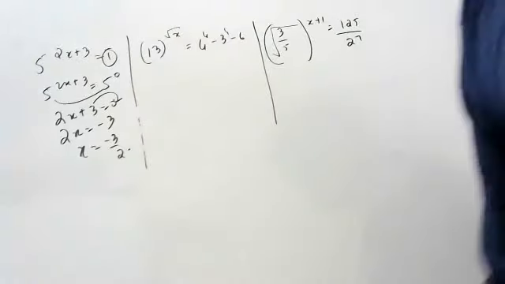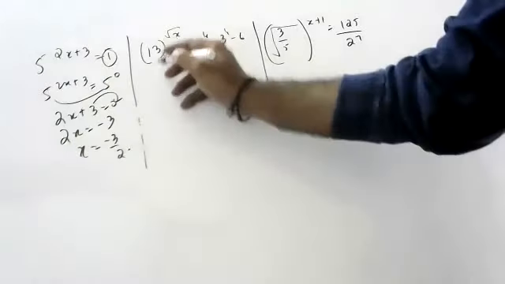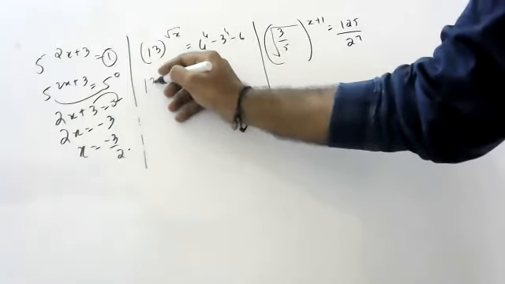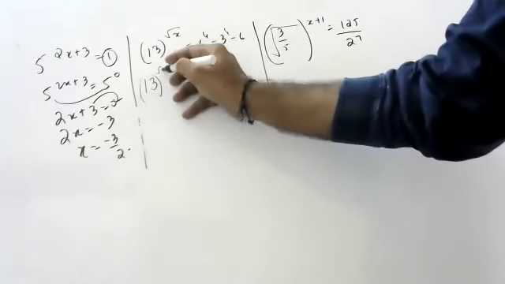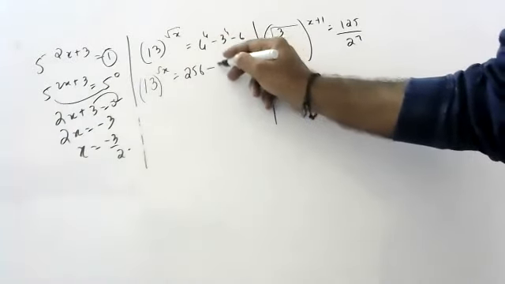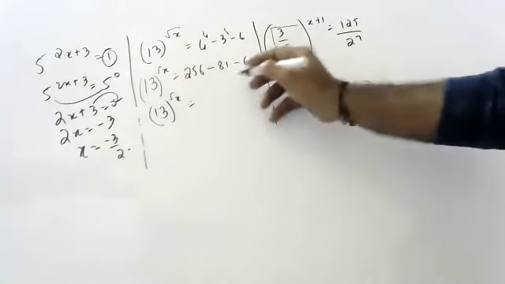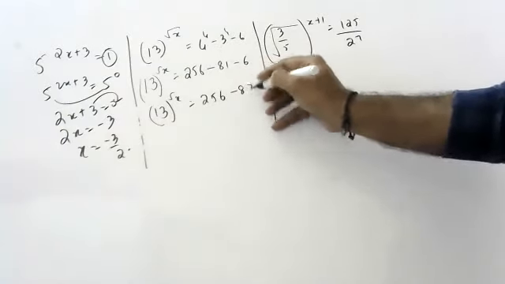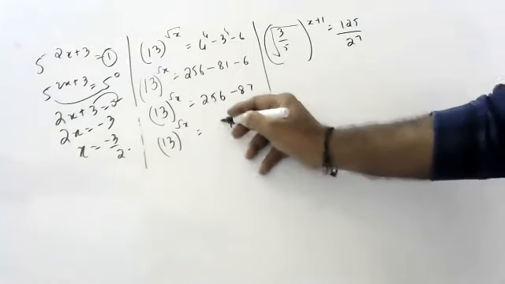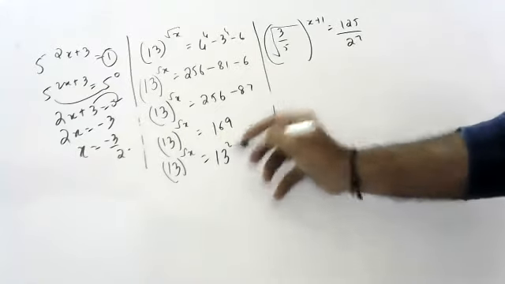This is the next question. Sir, 13 to the power of root x. Let's keep root x first. 4 to the power of 4 is how much? 256. 3 to the power of 4 is 81. 256 minus 81 is 175. 13 to the power of root x is equal to 169, that is 13 square.